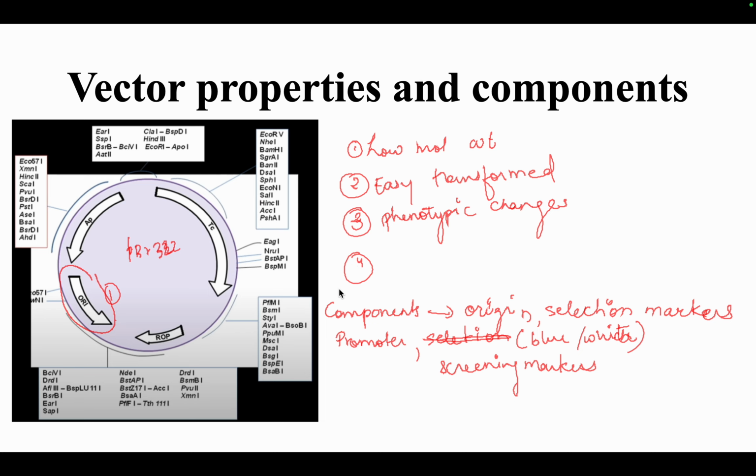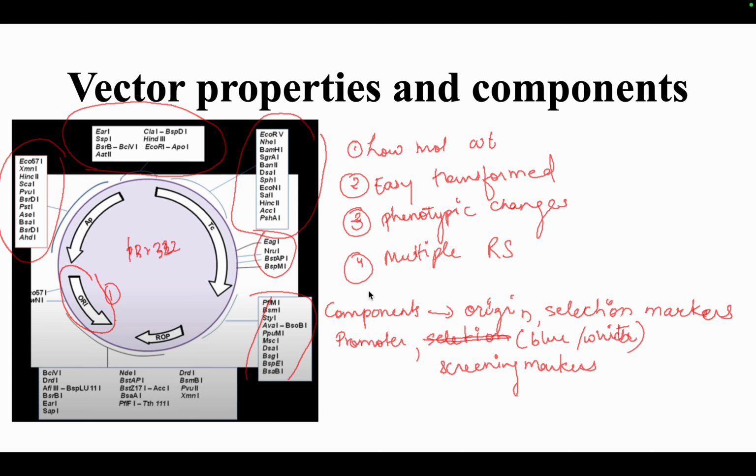And the fourth property is that it should have multiple restriction sites. As you can see in PBR 322, we have multiple restriction sites. You can use n number of restriction sites for cloning purposes; these are all the restriction sites where you can insert your gene of interest.